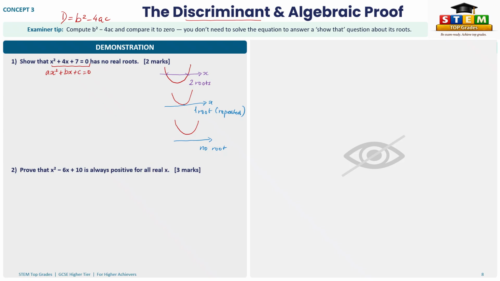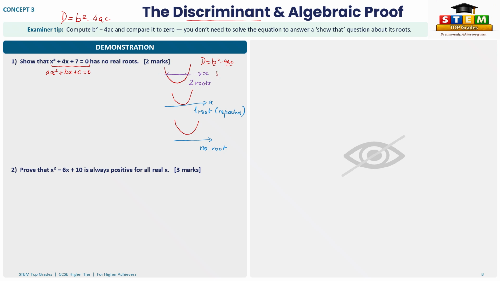It's the general equation for quadratics. Knowing the values of a, b, and c, you should be able to apply this formula. So D is equal to b squared minus 4ac. You substitute values in there and work out the value of D.